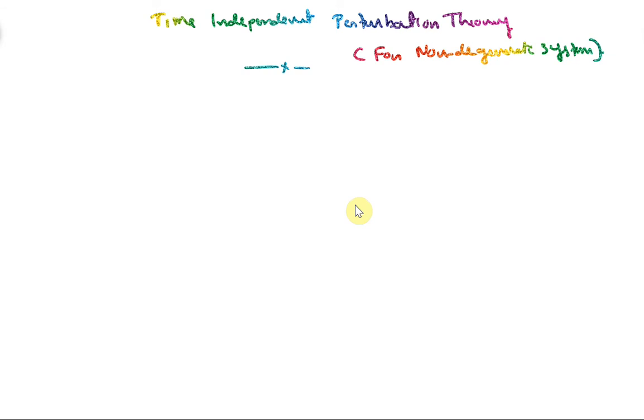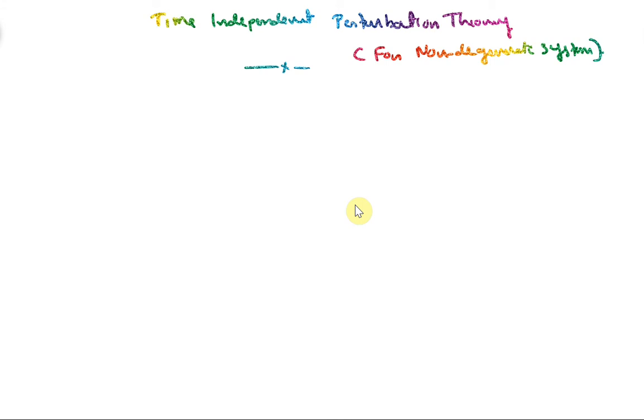This is a simple case where all states are separate, so there is no degeneracy. To briefly mention why we use perturbation theory: it is to find a solution for a problem for which we don't have an exact solution.